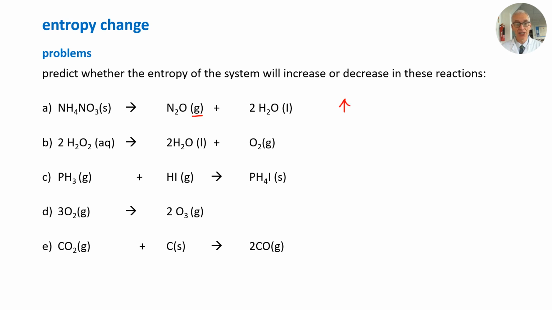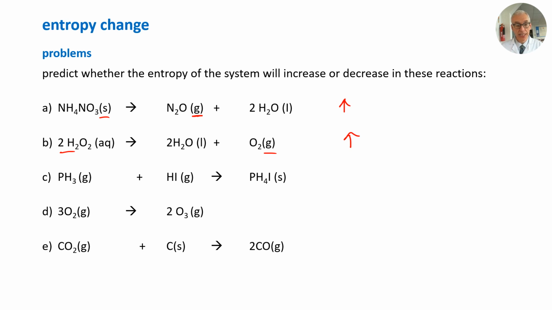We're making a gas, that's crucial. We're starting with a solid, making a gas, so that will definitely produce an increase in entropy. B, again, that will be an increase. Again, we're forming a gas. We're starting with 2 moles and ending up with 3. So again, clearly an increase in entropy as we go left to right.